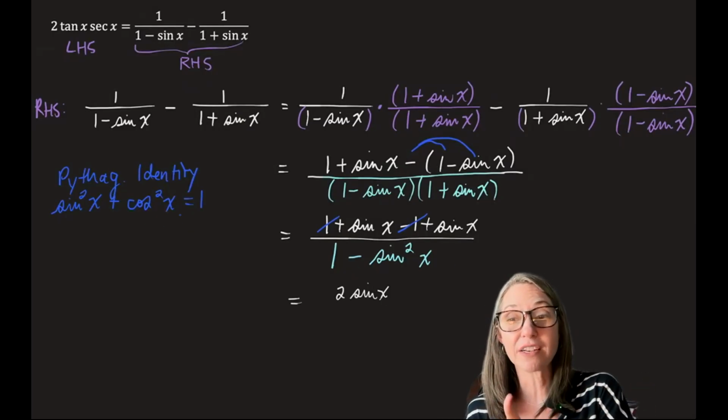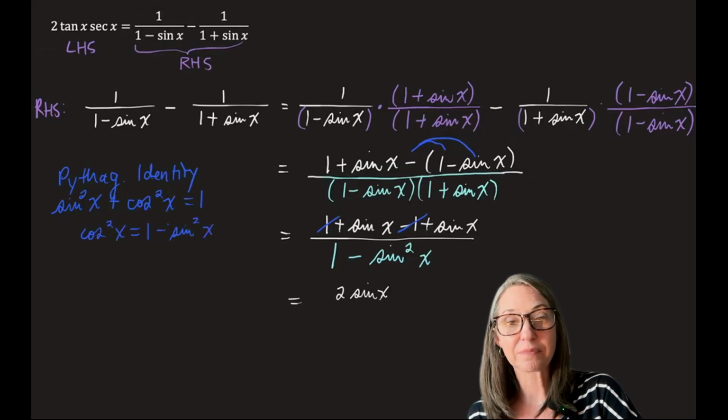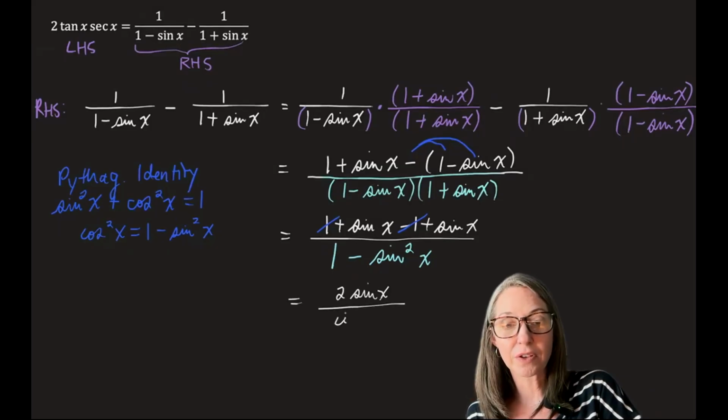Because if we subtract sine squared x from both sides of that equation, we're left with cosine squared x equals 1 minus sine squared x. Okay, so we can replace this denominator right here, 1 minus sine squared x, by cosine squared. So all of that is over cosine squared x.